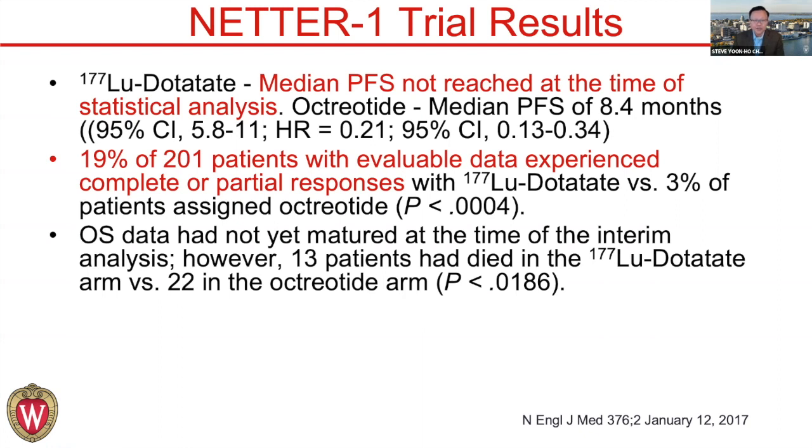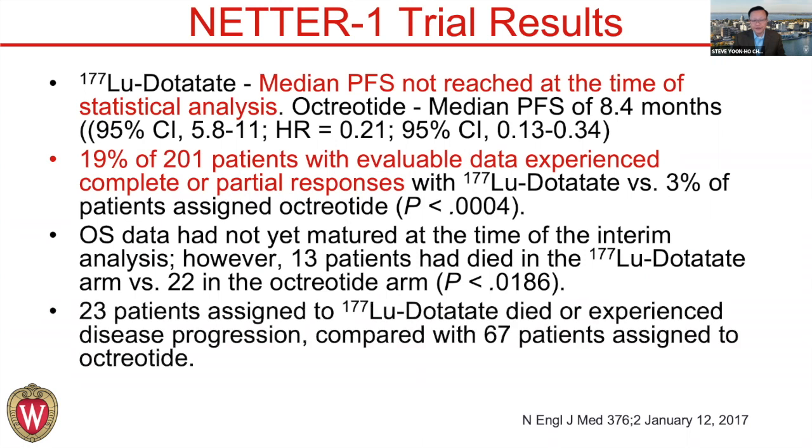However, 13 patients in the treatment arm with dotatate had died, whereas 22 died in the octreotide arm, which was also significant. And then 23 patients assigned to the dotatate arm died during the course of the study or experienced disease progression, compared to 67 in the octreotide group. So these robust clinical trial data led to the approval of this agent.